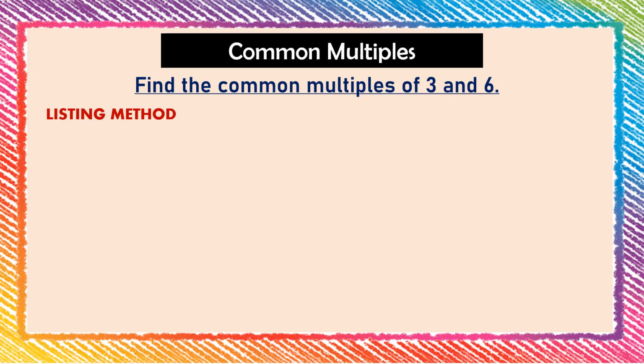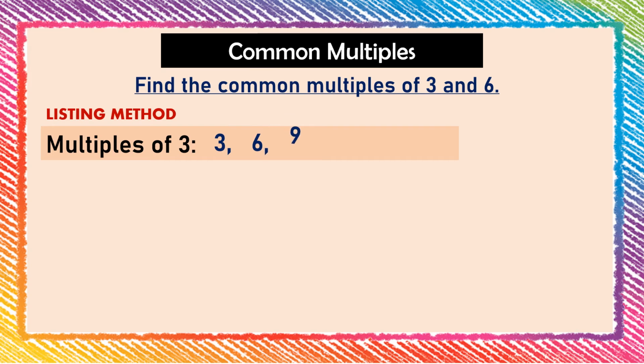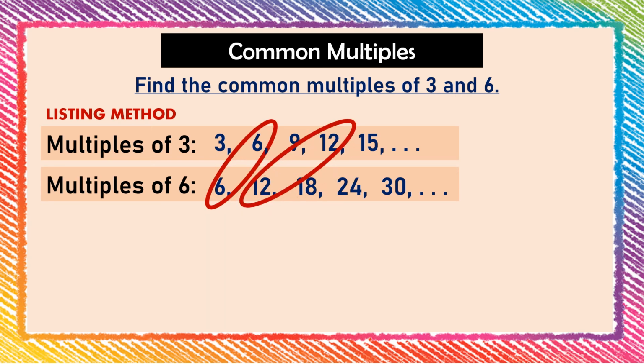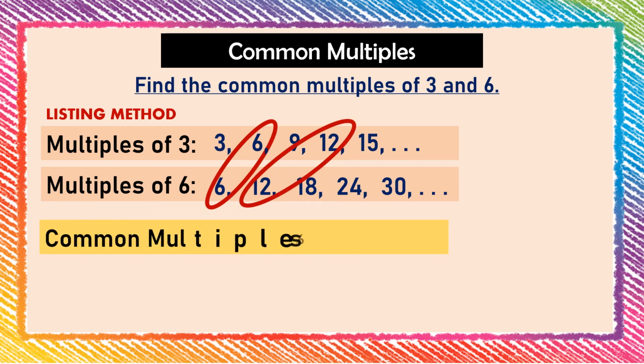For example, we might list the numbers 3, 6, 9, 12, 15, and so on, and 6, 12, 18, 24, 30, and so on. The numbers 6 and 12 appear on both of these lists, and more would appear if the list were longer. They are the common multiples.